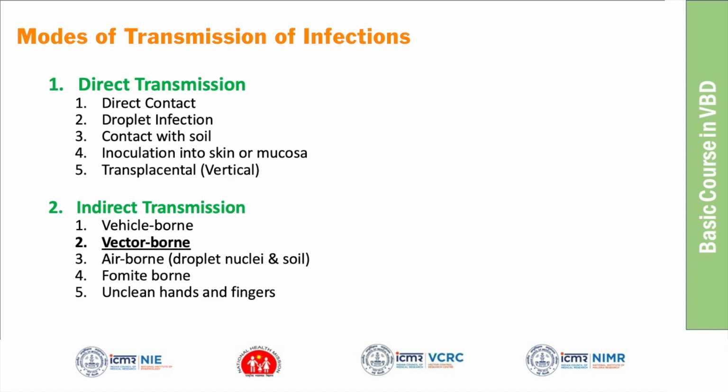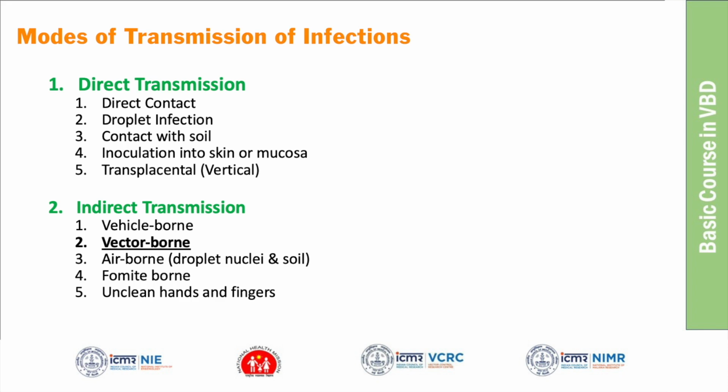This is one of the classifications of infections, and the indirect transmission includes vehicle-borne, an example of which is birds taking infectious agents from one continent to another, one country to another, or import of animals that can also bring in infectious agents, or vectors which are attached to them. Number 2 is the vector-borne transmission, which is also an indirect transmission of infectious agents.